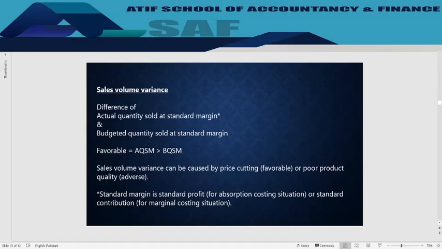And in the contrary situation, if budgeted quantity is greater than the actual quantity, the variance is said to be adverse. Sales volume variance can be caused by price cutting or poor product quality. Here standard margin is standard profit in case of absorption costing system and standard contribution for marginal costing situation.